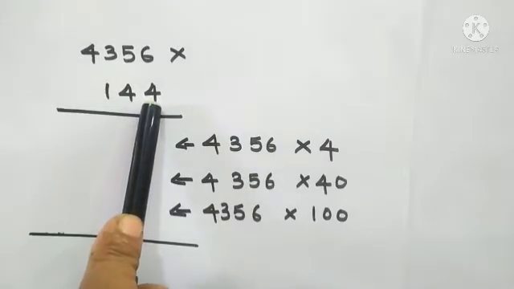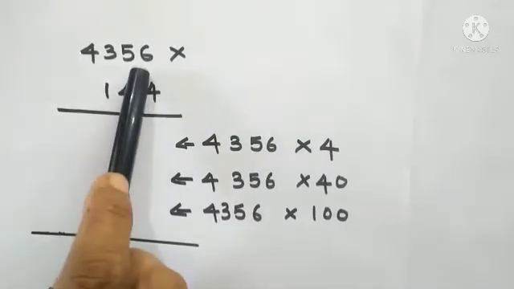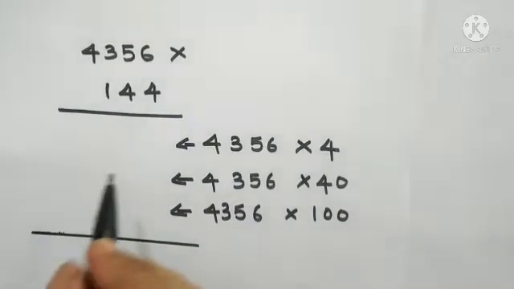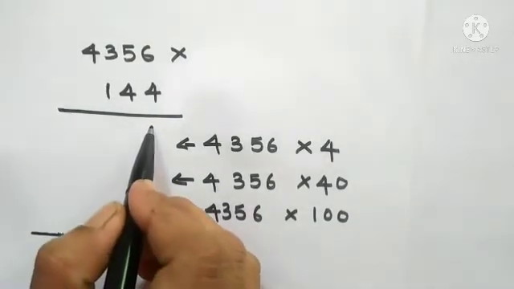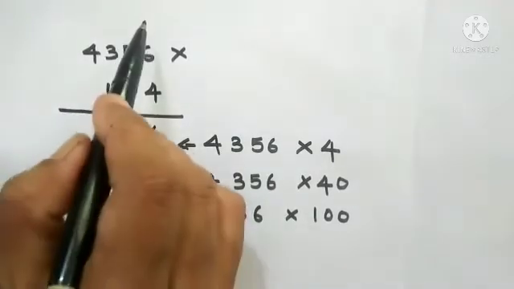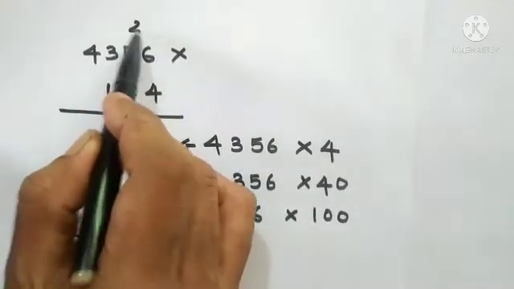Unit place number. Okay. 6 fours are 24. So we will write 4 here and 2 balance.